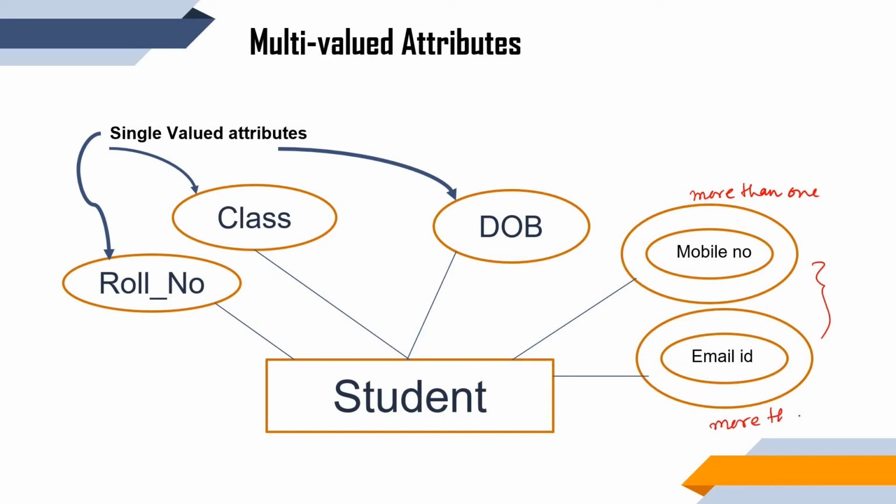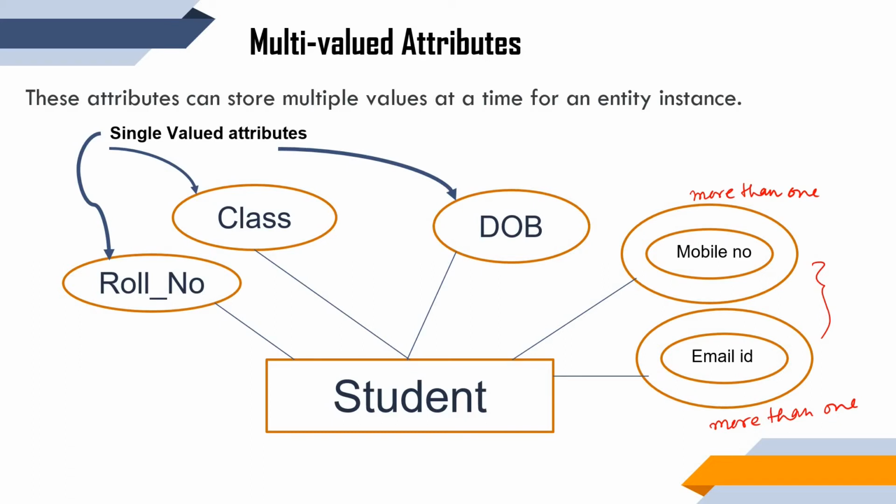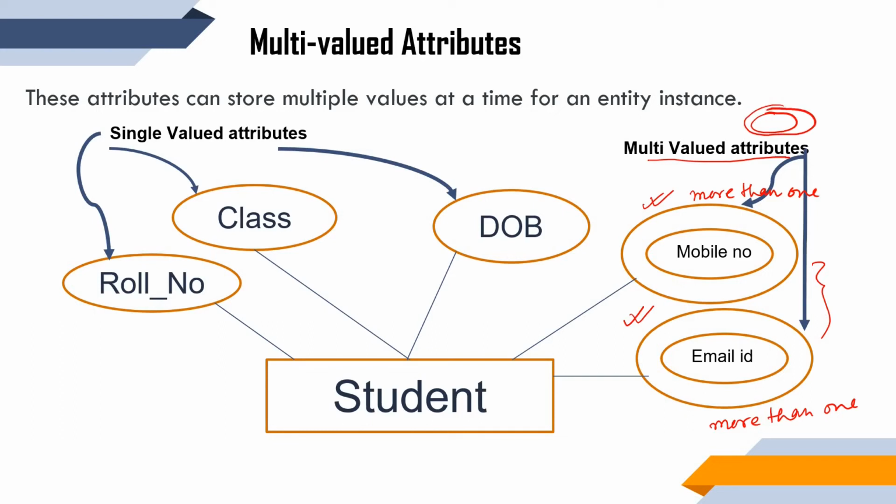That's why these attributes can store multiple values at the same time, and they are called multi-valued attributes. Understood? And how are they shown in the ER diagram? They are shown by this double ellipse structure. So remember, my dear students, multi-valued attributes are always shown in the ER diagram by this kind of double ellipse.